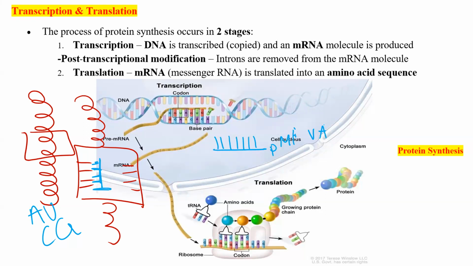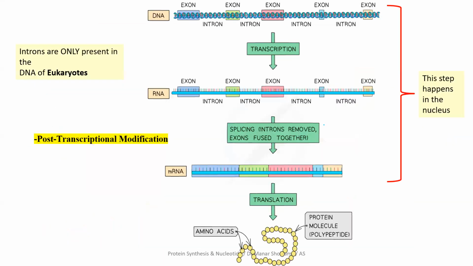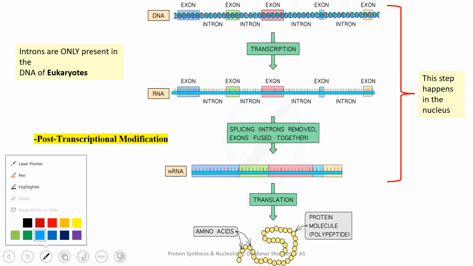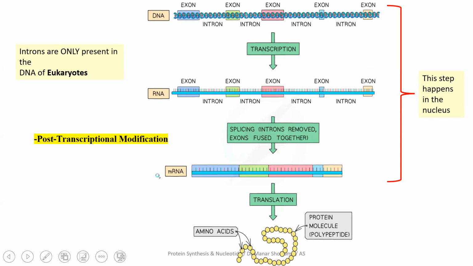What do we do to this primary messenger RNA before it goes out of the nucleus? We remove the what? We remove the, what did you say, Kanzi? Yes, we remove the introns and we fuse the exons together to create the mature messenger RNA. So this is the primary messenger RNA.